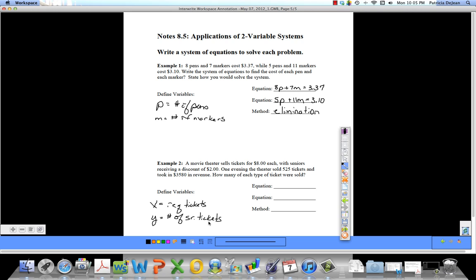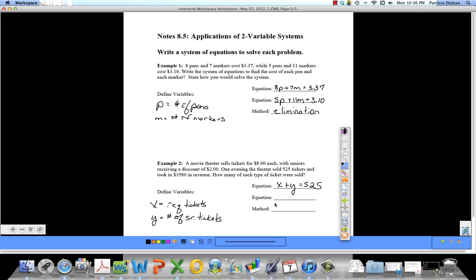Okay, so regular tickets are $8. Senior tickets are $6. One evening, the theater sold 525 tickets. So altogether, X plus Y are equal to 525.